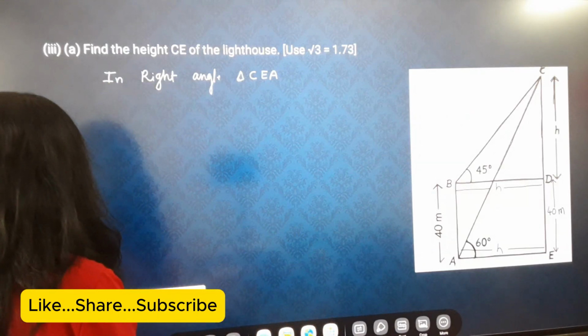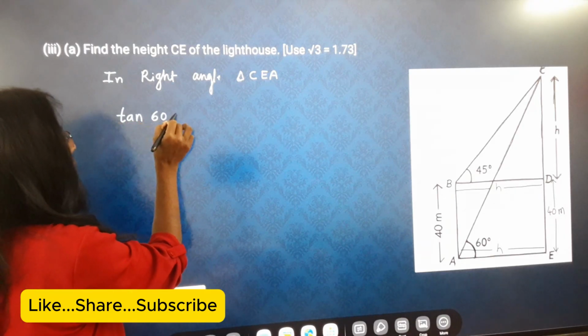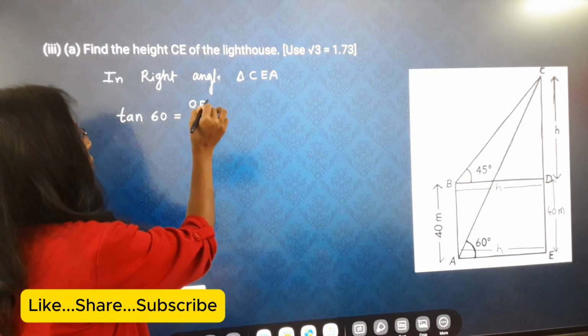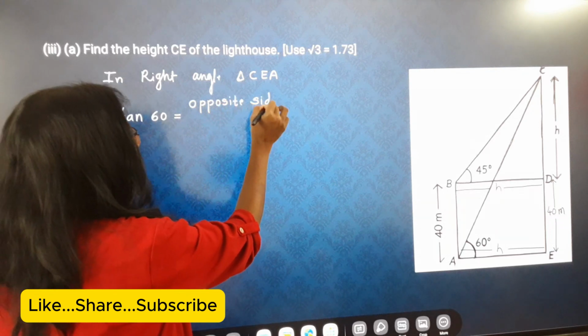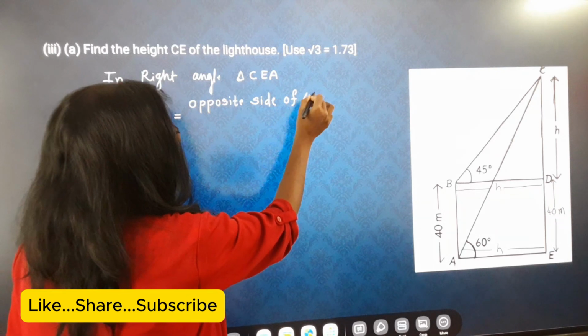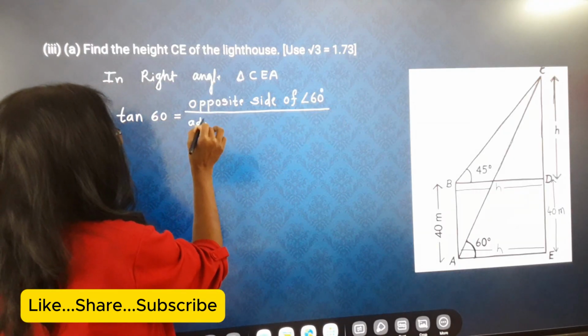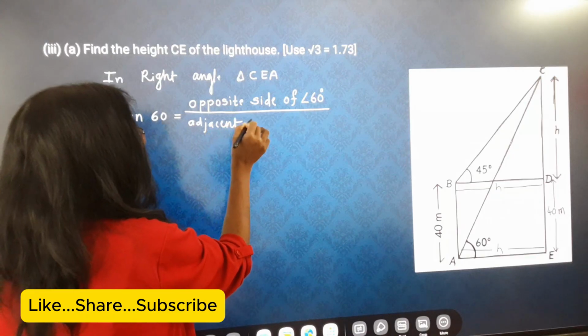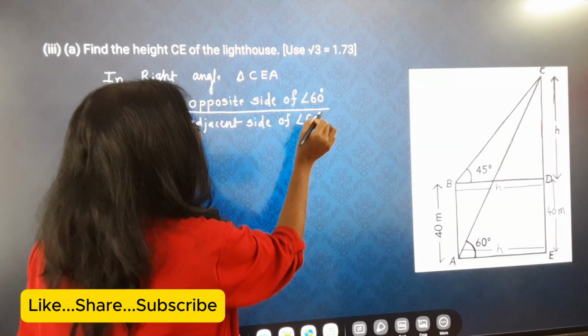So students, now here I write tan 60 is equal to the opposite side of angle 60 degree divided by the adjacent side of angle 60 degree.